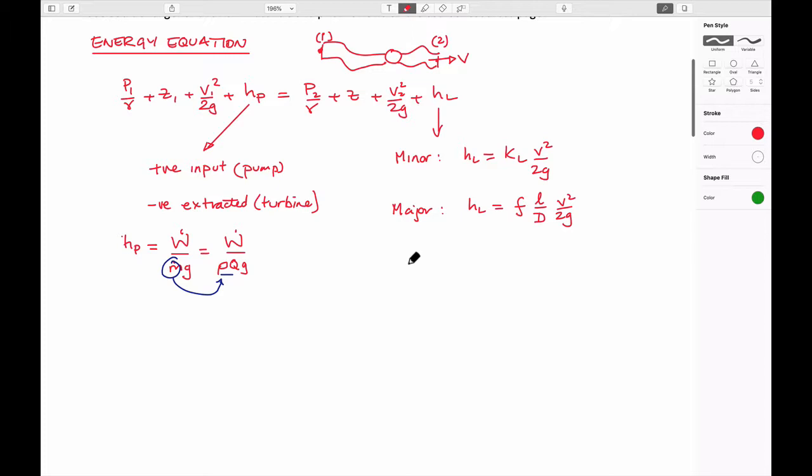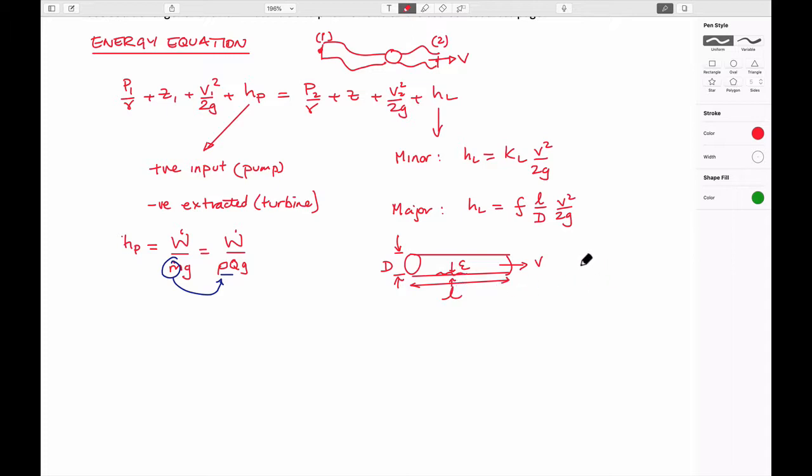I suppose we also know that within the pipe we can define friction factors according to the velocity, the length of the pipe over which flow occurs, its diameter as we go through the pipe, and also the magnitude of the roughness on the wall, which is often defined as epsilon.